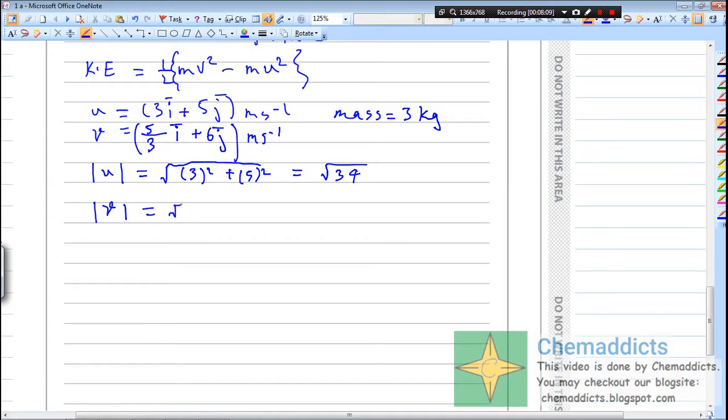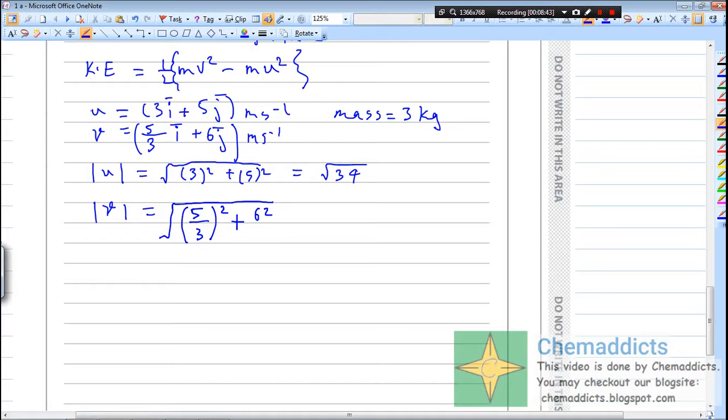If we calculate the magnitude of final velocity over here, it is 5 by 3 whole square plus 6 whole square. We are just taking the coefficients.